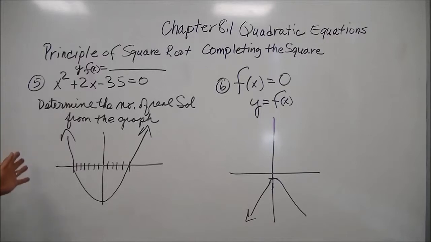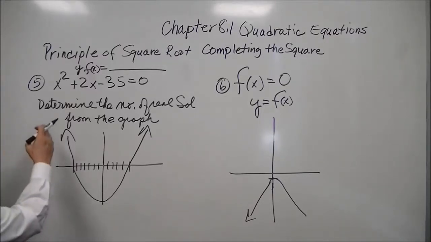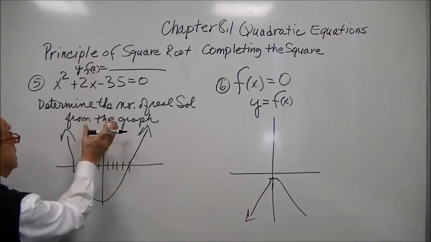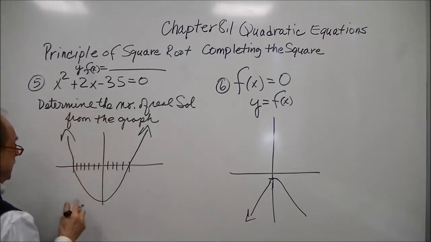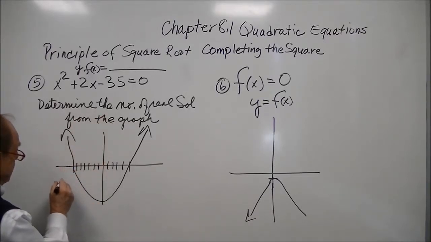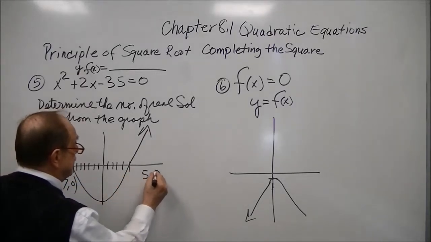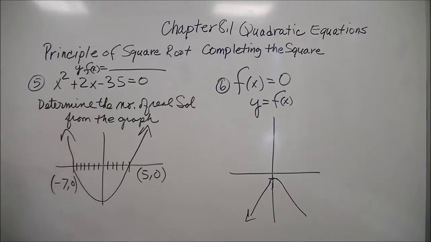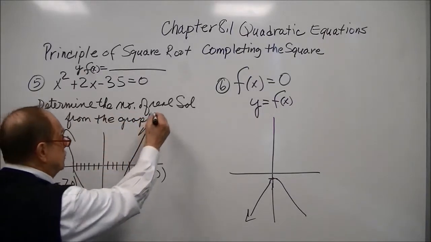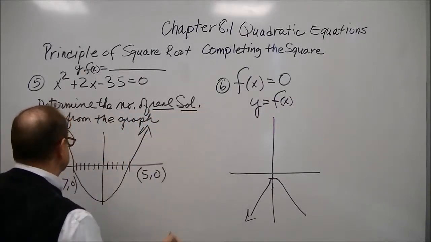If we put it in our graphing calculators, you would end up with a parabola opening upward, and this point here would be -7, 0, and this would be 5, 0. They're asking us, just by looking at the graph, to determine the number of real solutions.